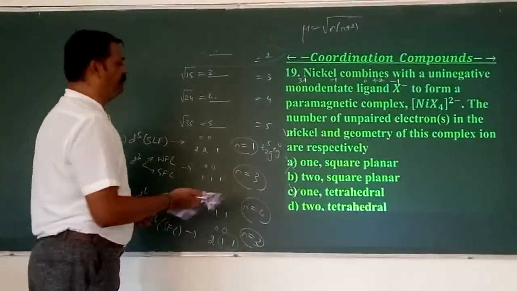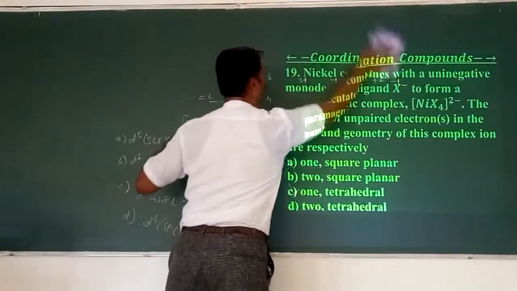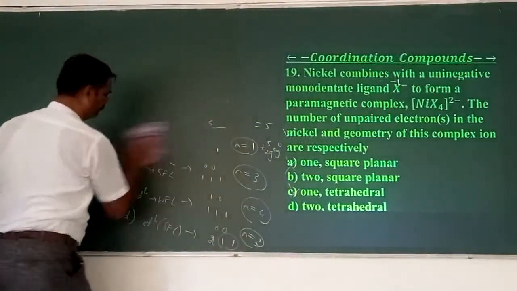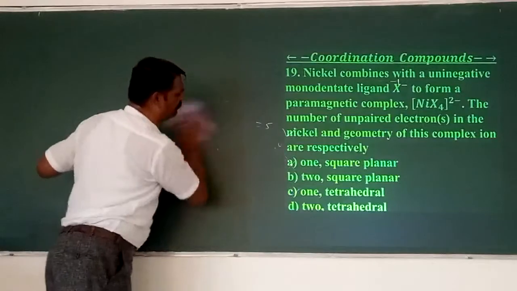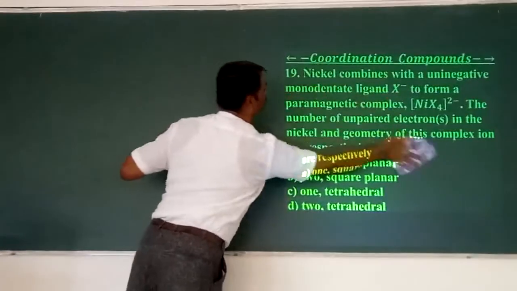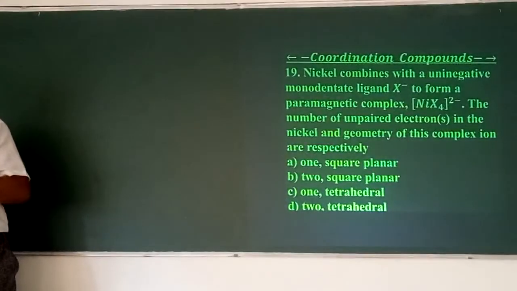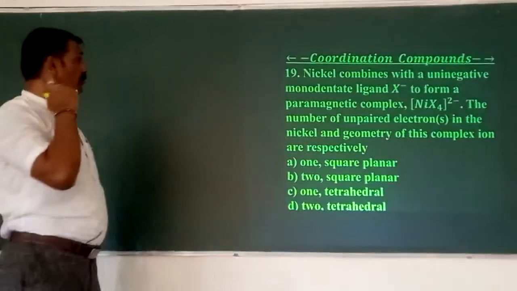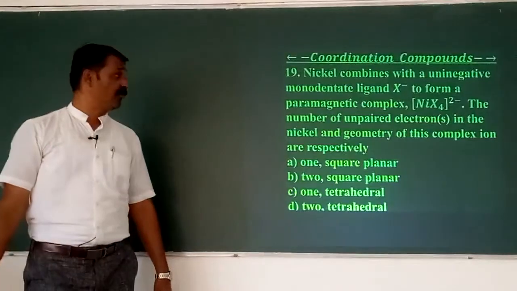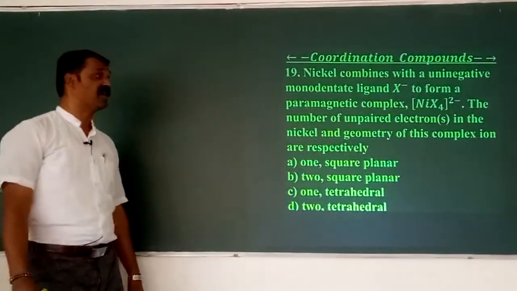Next, 19. Nickel combines with a uninegative monodentate ligand X minus to form a paramagnetic complex of the type NiX4 with 2 minus.